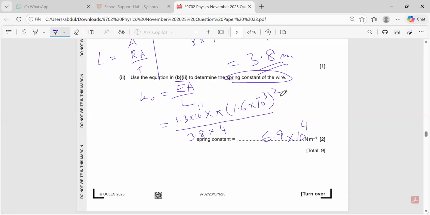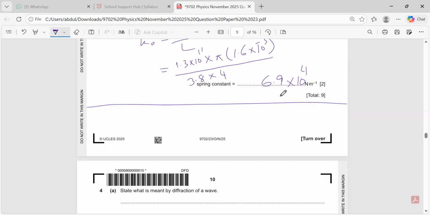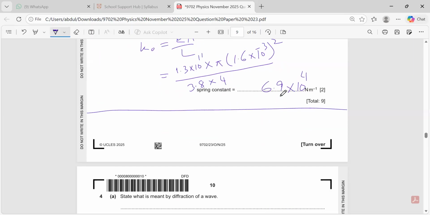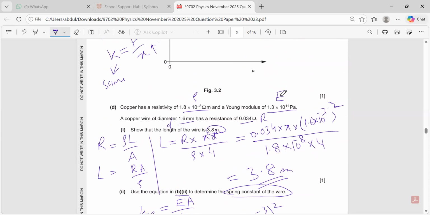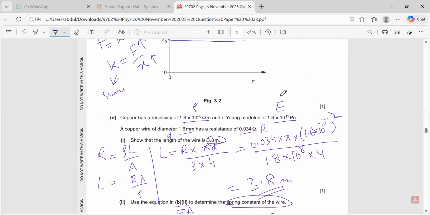Teacher, yes, yes, my dear. Why is the area pi d squared? See, actually we can do it also with radius, but one step will be increased.